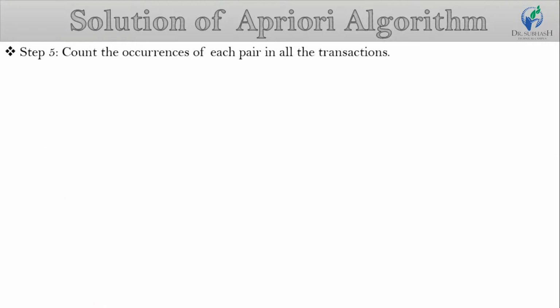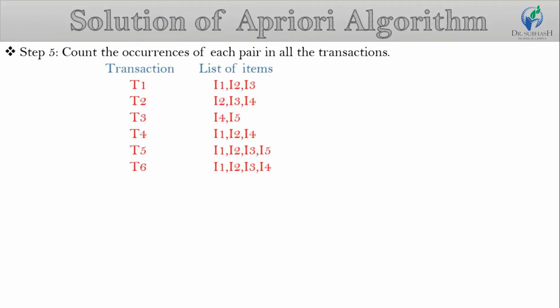Now in step 5, we count the occurrence of each pair in all the transactions. Now see our original transaction table. Based on that transaction table, we find out the count of the two-item pairs which we found in step 4.